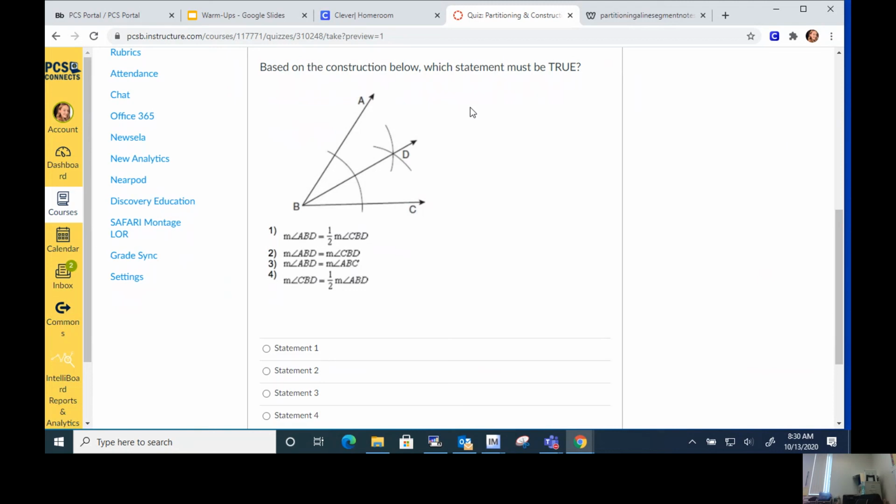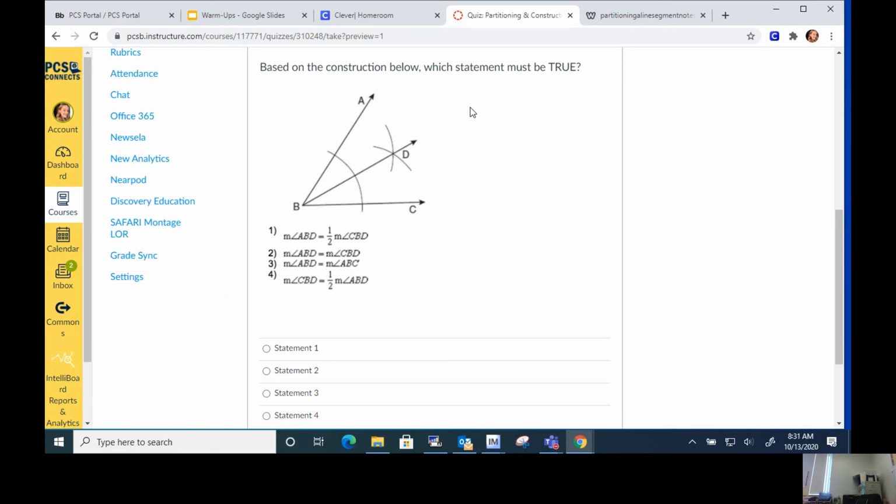So I have to figure out which one of these statements says something that's true. So let's just go through. First one says angle ABD, so that's just that angle right there, is equal to half of angle CBD.